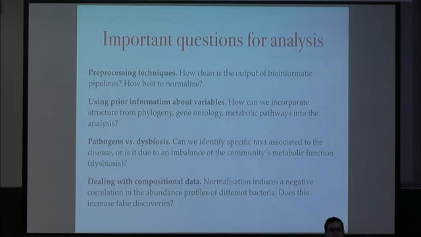Ideally, if you're looking for an effect, you want to identify only the bacteria that is suffering a change or that is causing an effect in a disease. These negative correlations could lead to some false discoveries. And so the interpretation of parameters becomes a little tricky when you have compositional data.